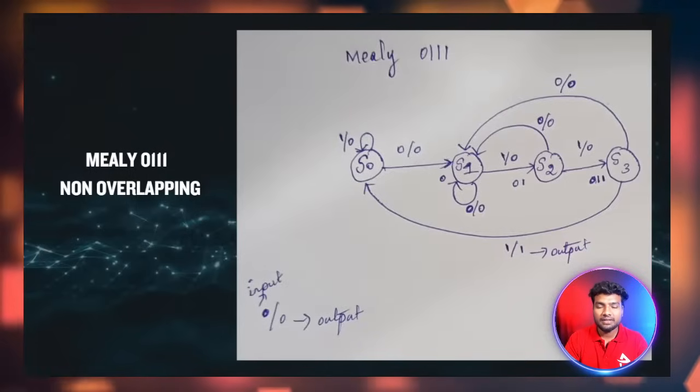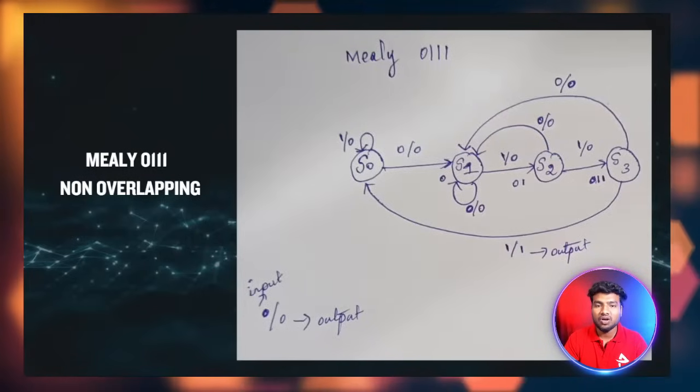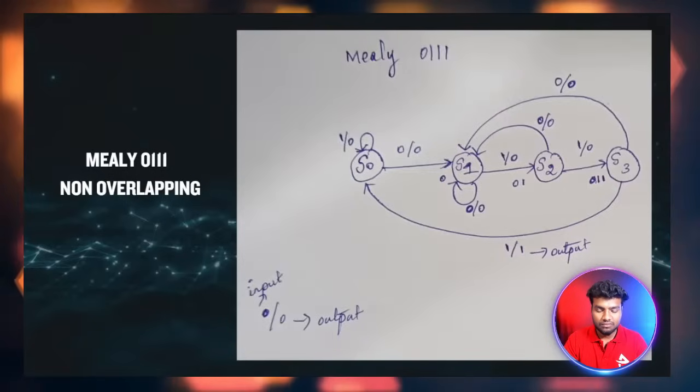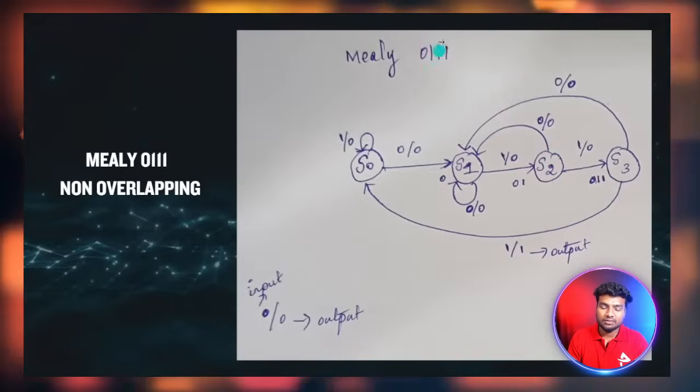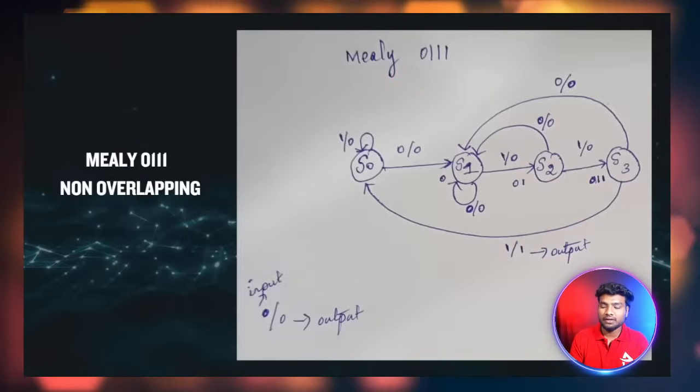FSM is nothing but dividing our logic to get the full working logic. I want to detect this sequence, but I am getting the input one bit at a time.